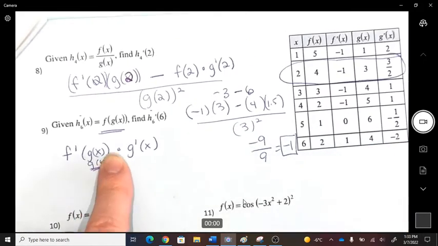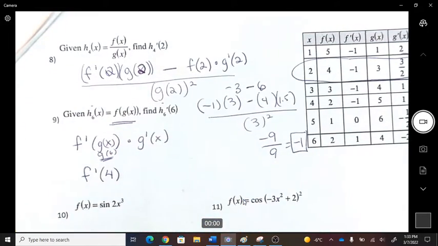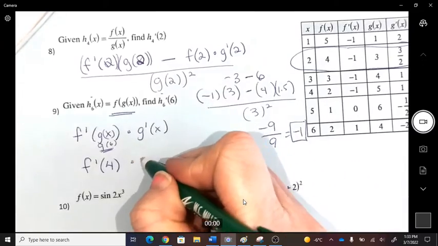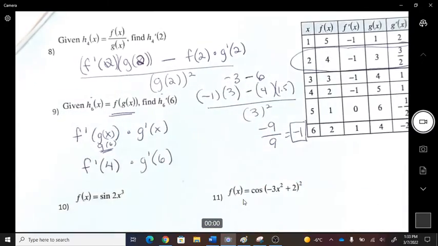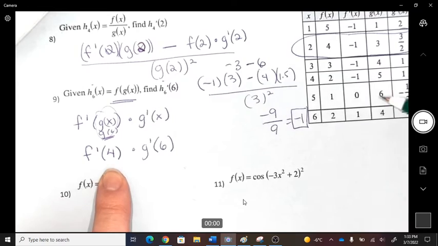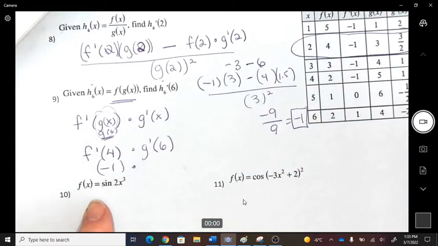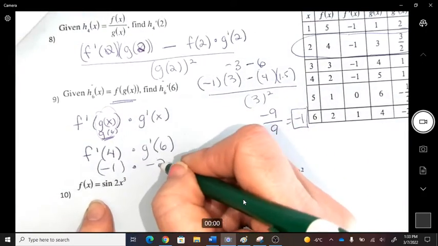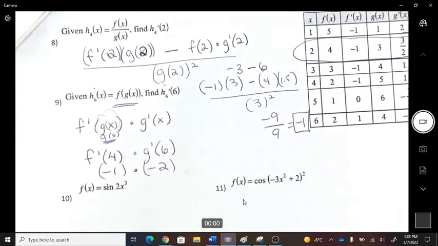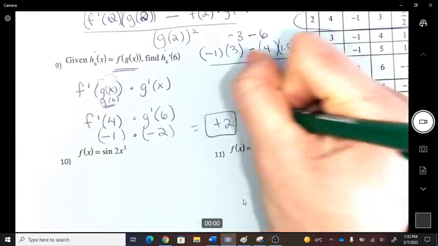The g of 6 is 4. Okay, so I did that first, and then that was 4, so now I need the f prime at 4. F prime at 4, did you find it? Negative 1. And then g prime at 6. Are we good with my numbers? And then, so my final answer is 2.